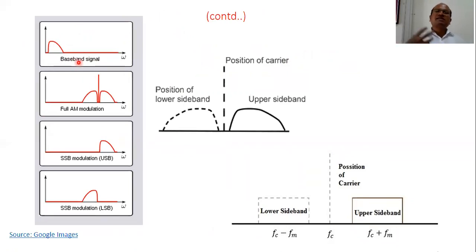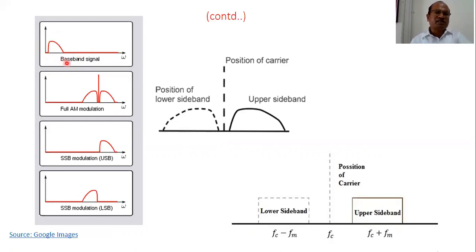All right. So when you see a baseband signal, it means where the message is. This signal carries the message, the information. So when we draw the frequency spectrum of an amplitude modulated signal, what will be the change? Can you see here?